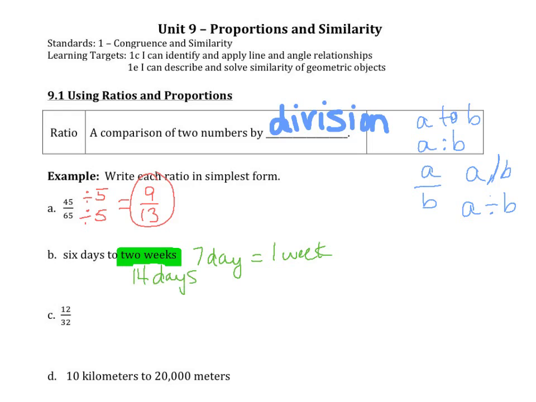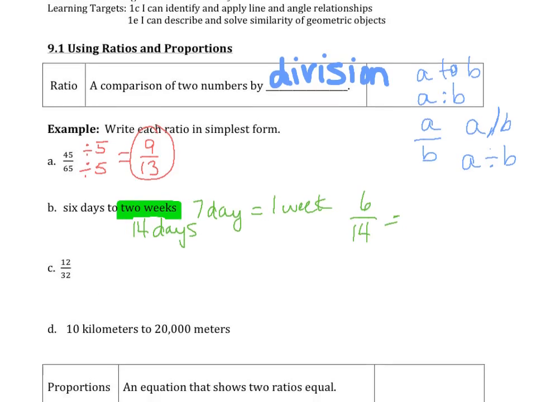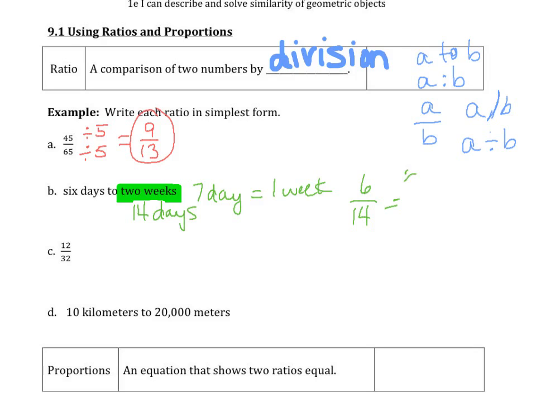Now that we have the same units, we can write our ratio. Our ratio is 6 days to 14 days. And simplifying that, I see that I can divide them both by 2. So when I take 6 divided by 2 and 14 divided by 2, I get 3 over 7.